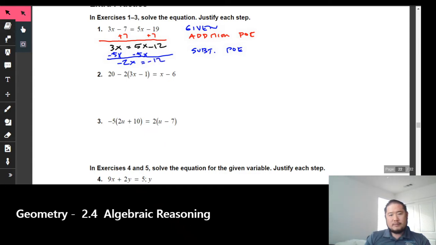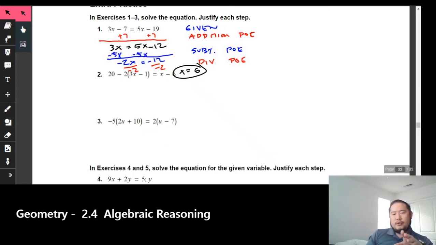Lastly, I want to use the division property of equality. So I want to divide both sides by negative 2, and now I end up with x is equal to 6. And there you have it. We have all our steps, and I justified them.